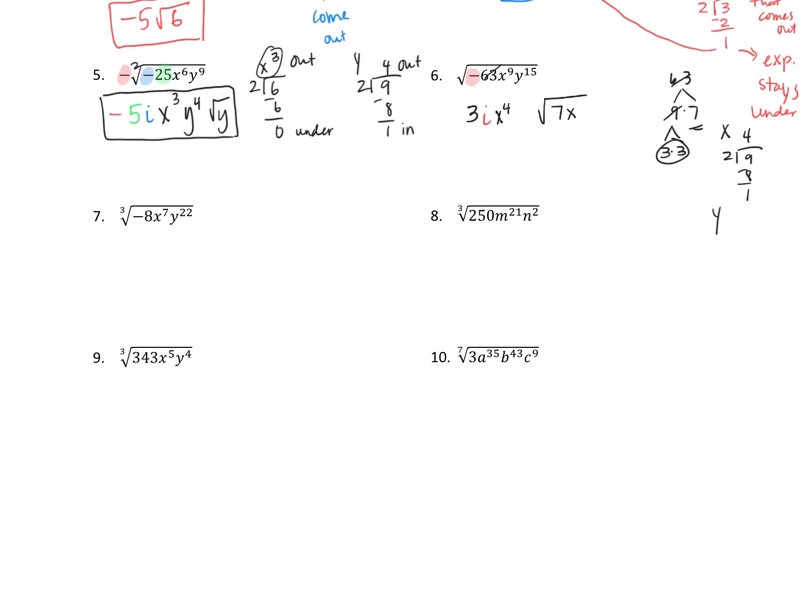So how many times does 2 go into 15? 7. 7 times 2 is 14. Subtract and get 1 left over. So 7 is out, 1 is in. So that means y to the 7th comes out and y to the 1st stays under. And that would be the simplification of that.